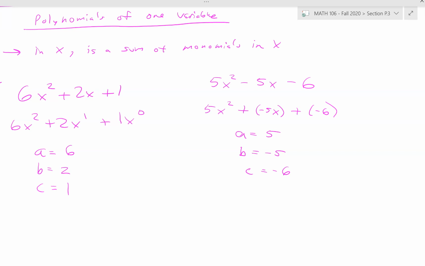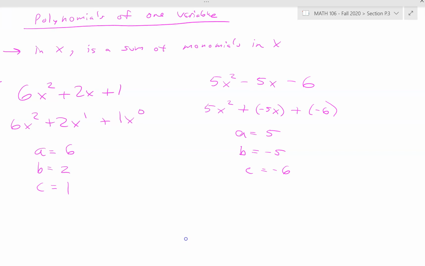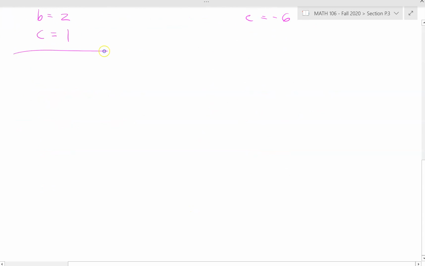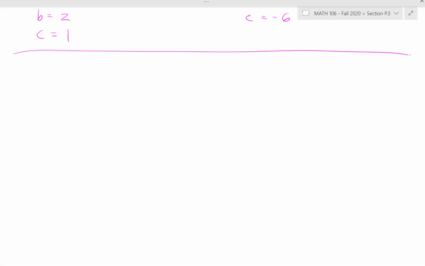All right, I'm just going to do one more thing and then we'll call it a day. Just like you could add and multiply expressions, a polynomial is just another type of expression. So we're going to be adding polys.